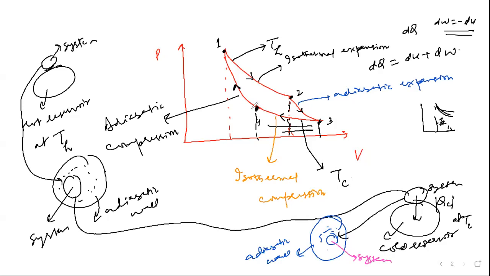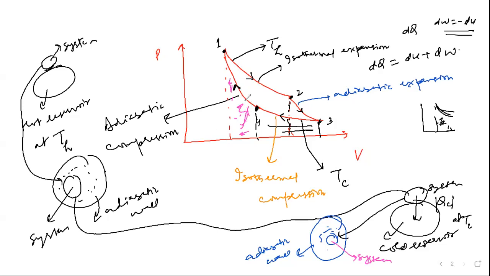Then we again compress it adiabatically, right? So no heat enters or leaves the system. We adiabatically compress it until it reaches 0.1. So this much work is done on the system, right?